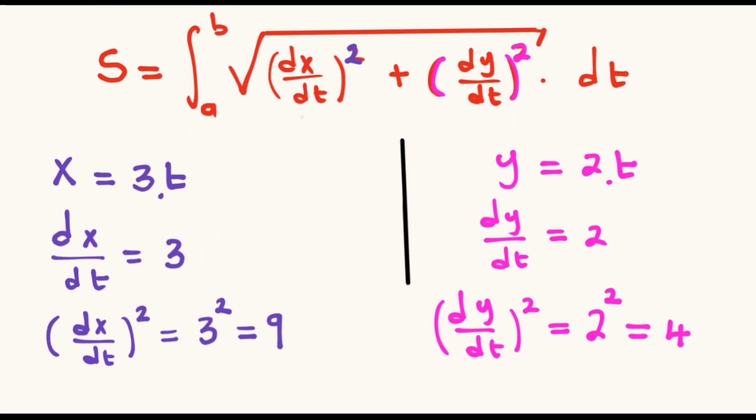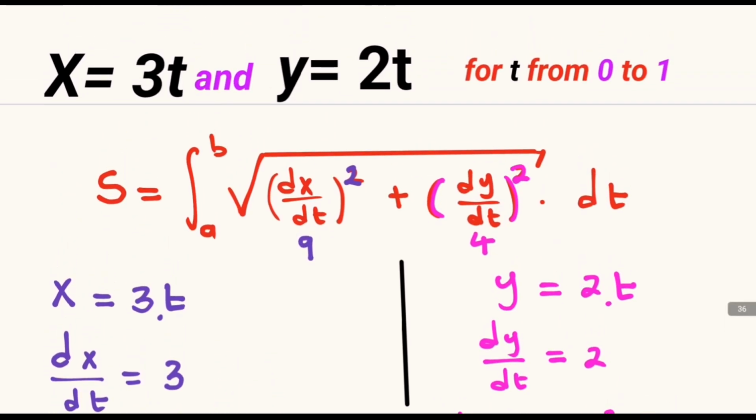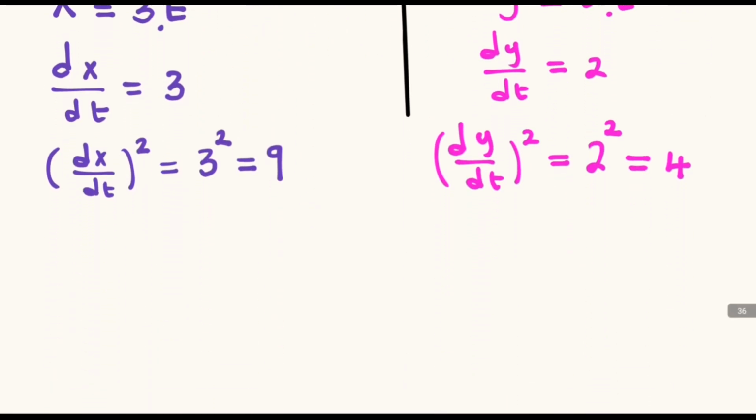So the dy divided by dt, we determined as 4, and the dx divided by dt, we determined as 9. And our a will be equal to 0, and our b will be equal to 1, because our t is from 0 to 1.